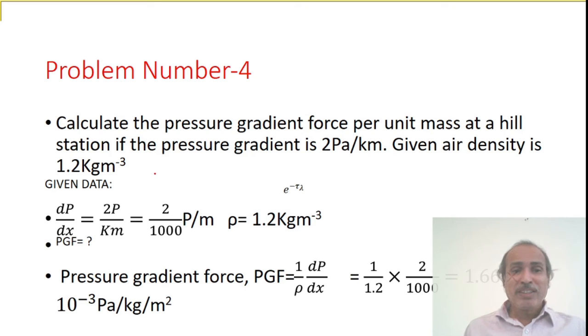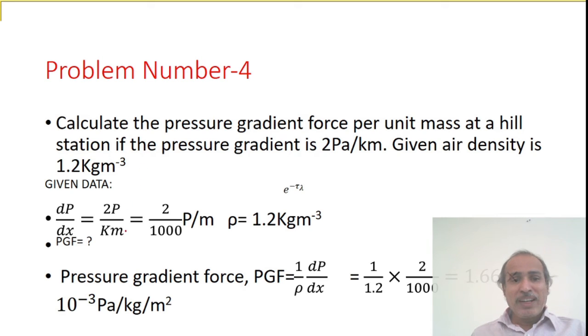Very simple problem. First we collect the given data. Here also we find the pressure gradient force per unit mass. The pressure gradient dP by dx is given as 2 Pascal per kilometer, and the density of air is given, that is 1.2 kg per meter cube.